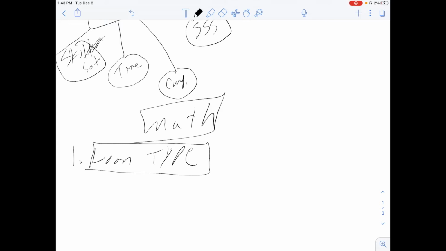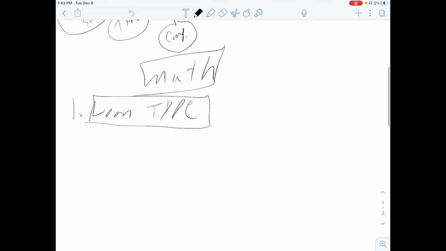So the way I evaluate a deal, if the loan is fixed, of course I'm going to like it a lot more than if it's not. What does fixed mean? Fixed means that the borrower got a loan from the bank at a fixed interest rate for 15 years or 30 years. So I'm going to look at the loan type.